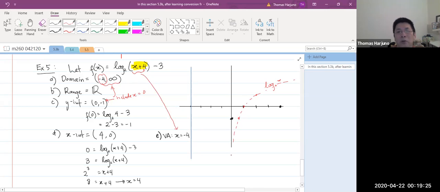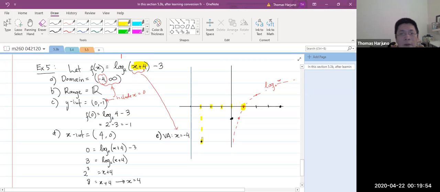Now use this graph with the movement of 4 to the left and 3 down.